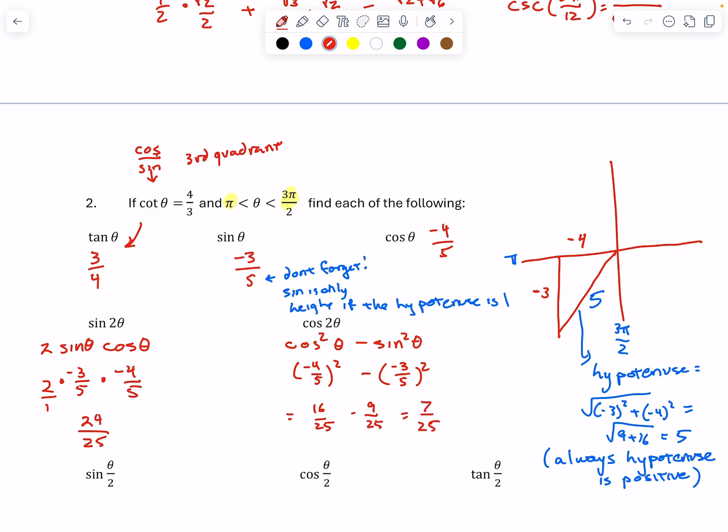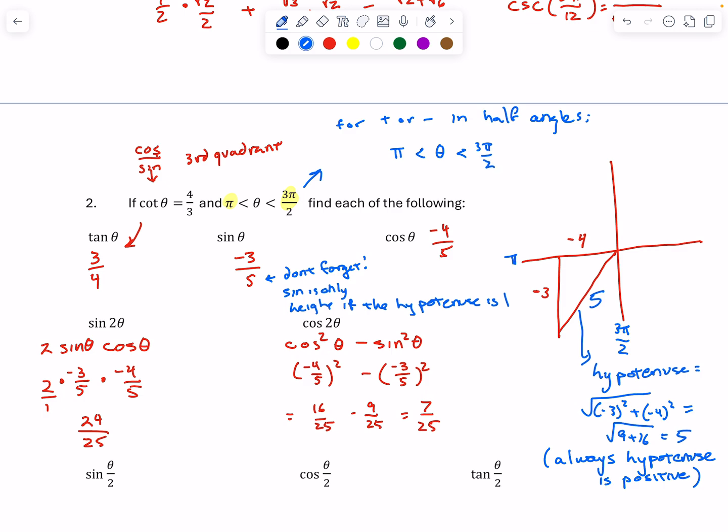Okay, so for honors, in order to figure out sine of theta over 2, cosine theta over 2, tangent theta over 2, you have to figure out pluses and minuses by doing the following. Important. First I'm going to rewrite theta is between pi and 3 pi over 2.